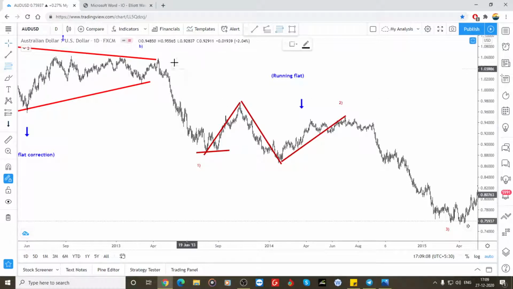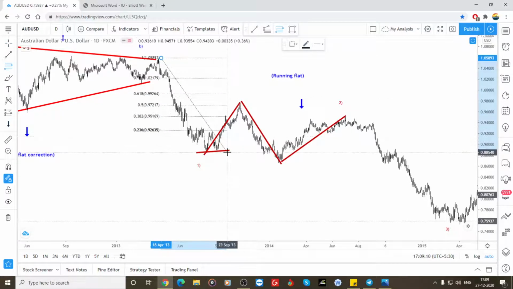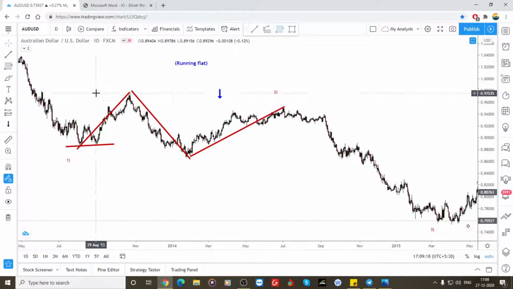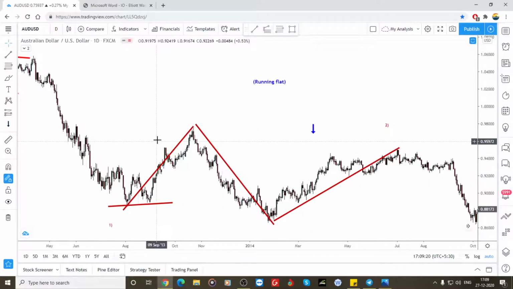Here it did that 50% retracement, and it looks like an a b c, and then it's going 1 2 3 4 5, so it is doing a 5-wave structure. It's not looking like a 3-wave structure. It's a completely 5-wave structure in a wedge formation.